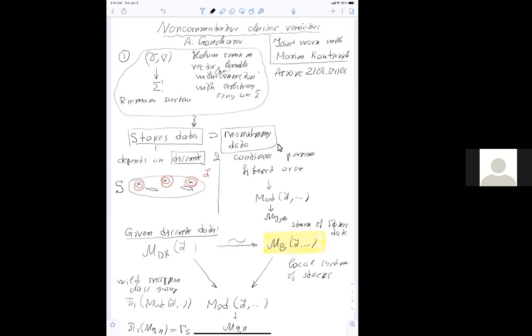It's only bundles with regular connections such that their Stokes data belong to the cluster chart. It's only in this way. If I want to be correct and more specific, I'm talking about the commutative case, and you probably refer to the commutative case because nobody usually considers non-commutative de Rham data. Yes, commutative.